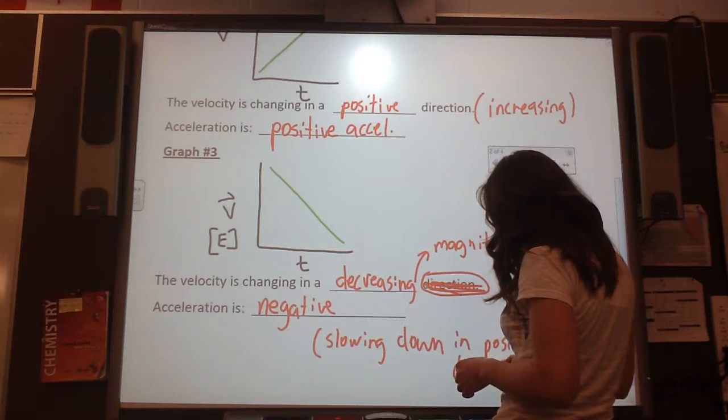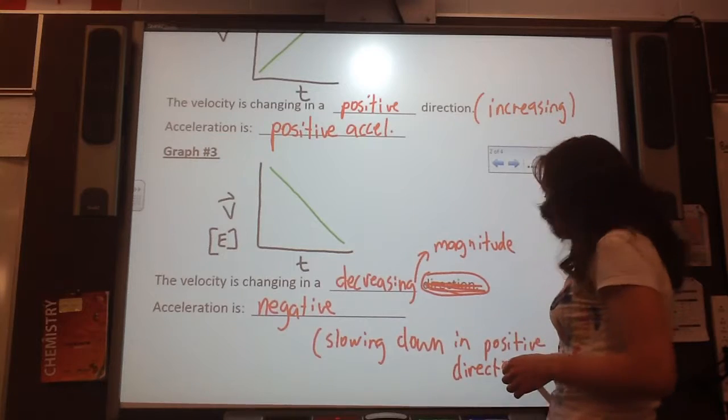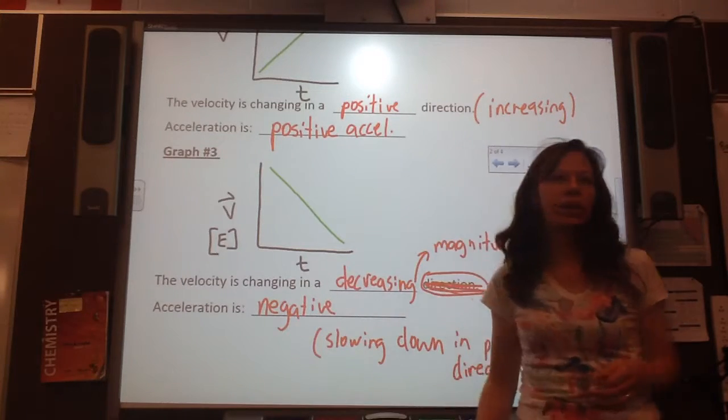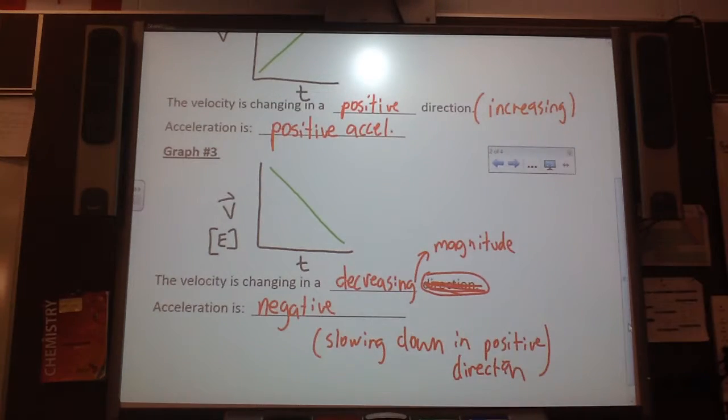So could it be slowing down in a negative direction? Yes, and then it would be a positive acceleration. But again, you don't have to really know that in detail. It's just to get this concept in our mind of velocity and acceleration.